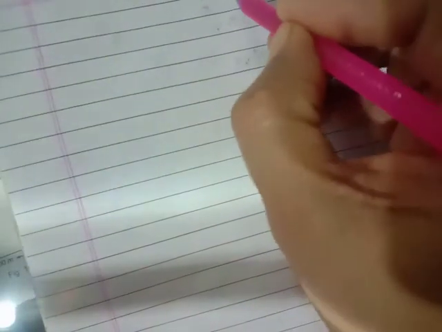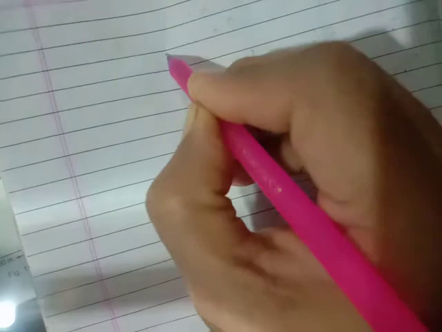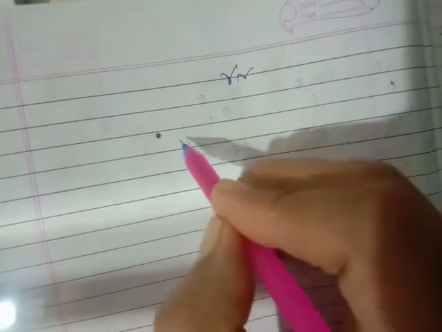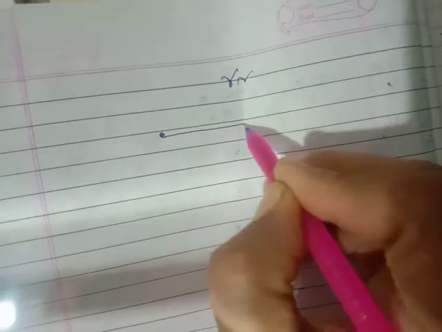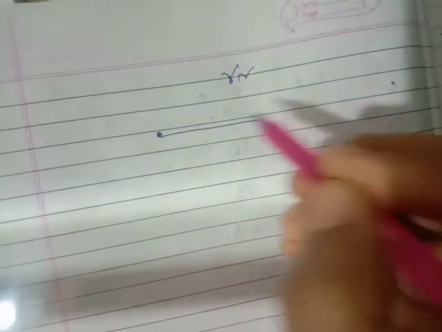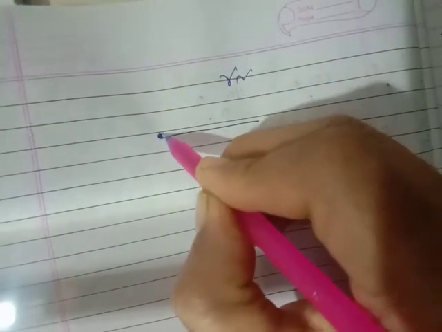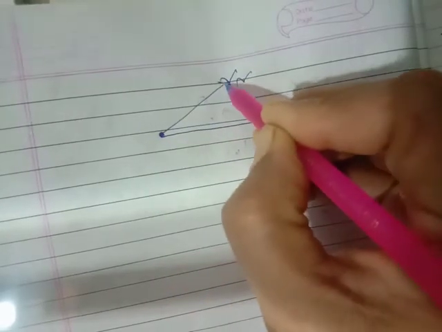Suppose you want to see a bird which is flying in the sky and you are standing somewhere here, and this is the horizontal level, meaning the ground, and you are observing from here, okay?